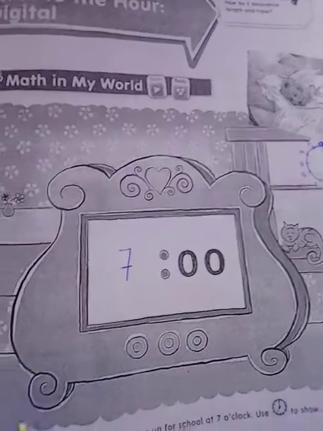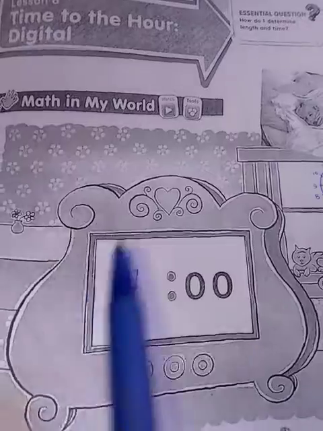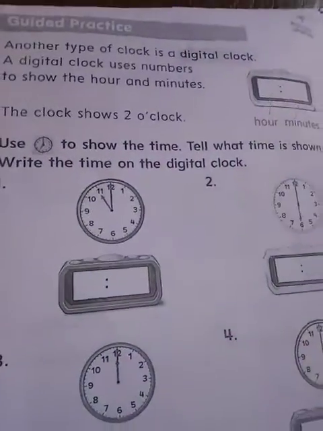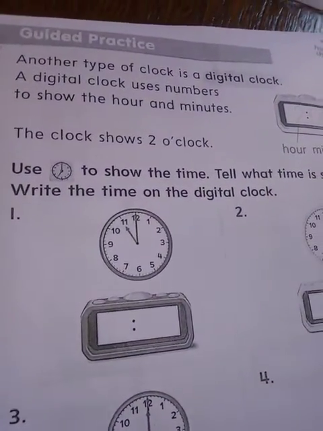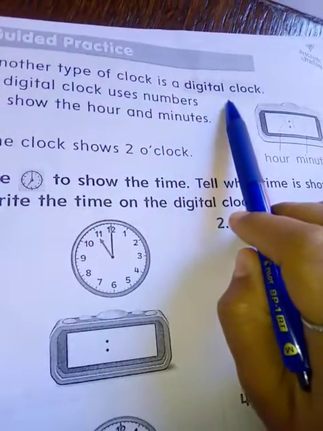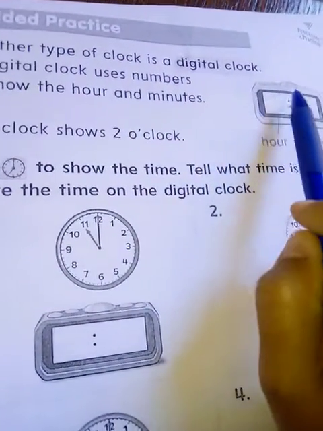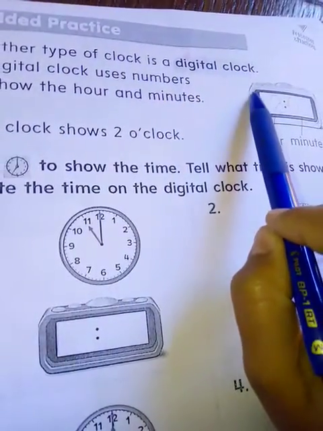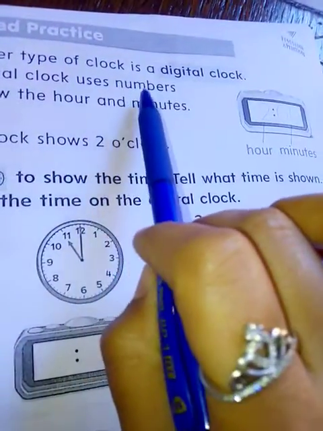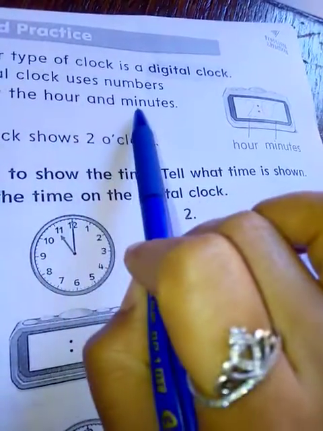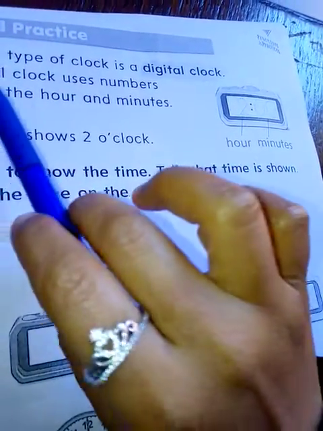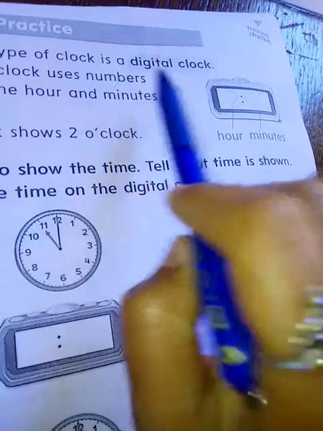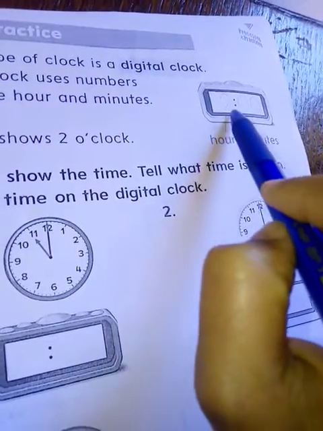Okay, next page. Another type of clock is the digital clock. A digital clock uses numbers to show the hour and minutes, so here we use numbers, not hands.